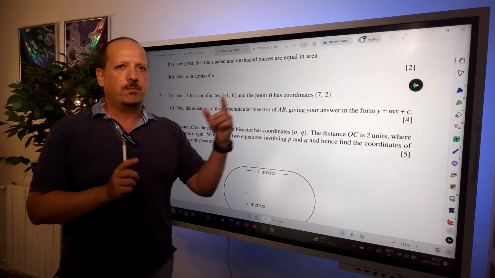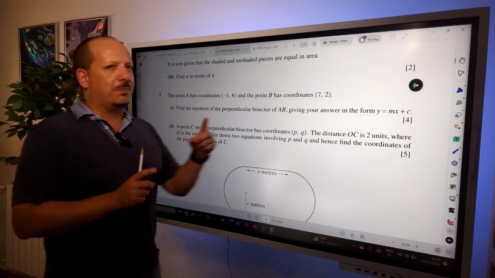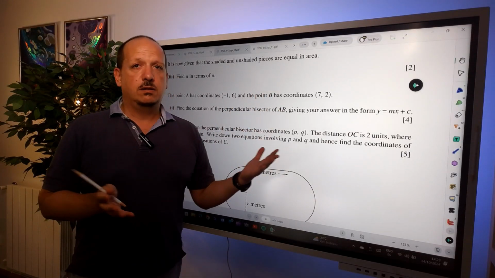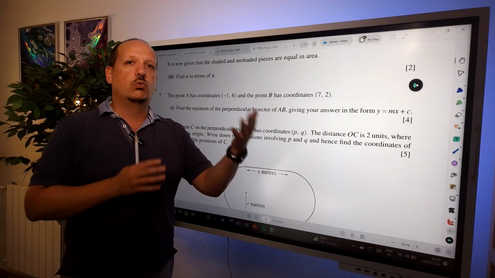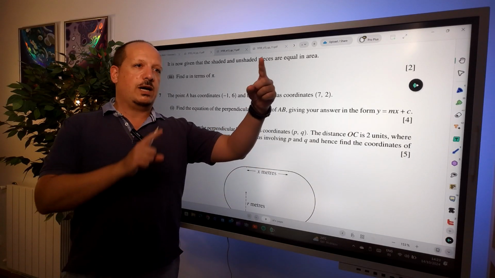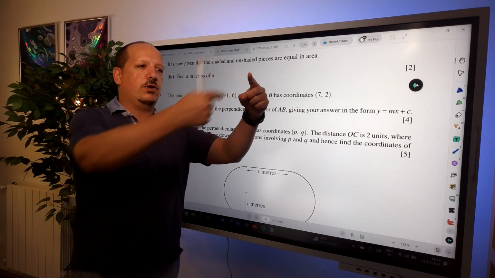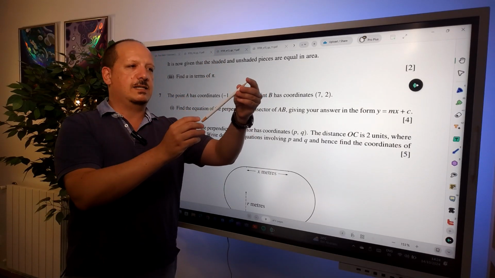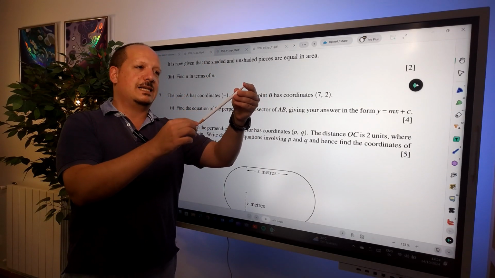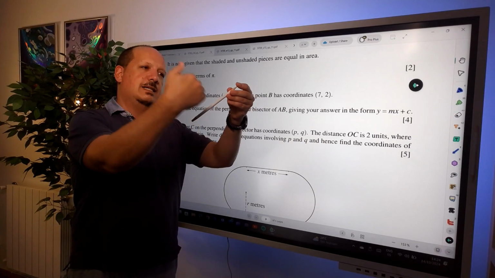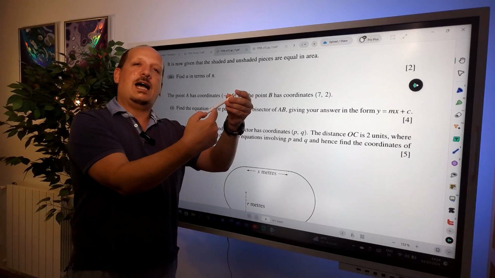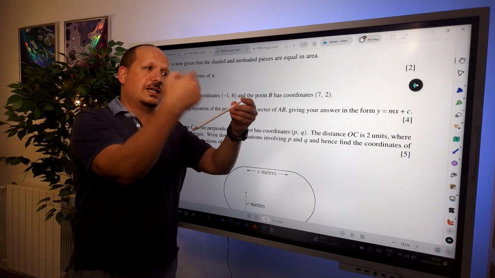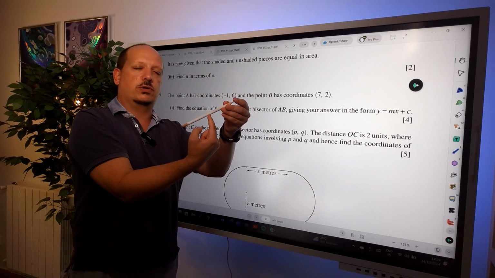So what does this mean? First of all, what is a bisector? A bisector, as you might remember, is a line that cuts another line in 2 equal parts, right? So if you have points A and B, and if you have the line connecting them, let's say it's this pen, the perpendicular bisector is a line that is perpendicular to this line and cuts this in half. So if it cuts it in half, what is this point going to be?